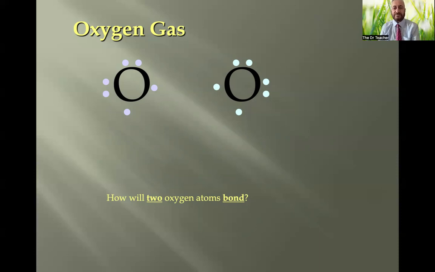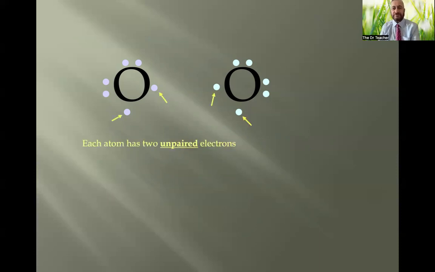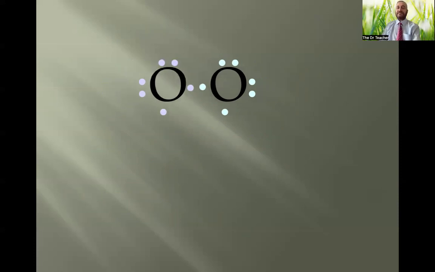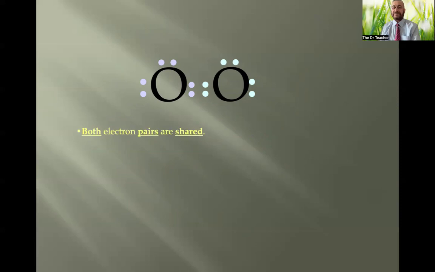Let's see how 2 oxygen atoms form a bond. Look at these electrons. They are unpaired when they are separate. But now one of them will come here, the other one will go there. Both atoms want to gain 2 electrons. In this case, they share these 4 electrons. So now we have a double bond. They are pairs of shared electrons. So 2 pairs we have, 1 and 2.